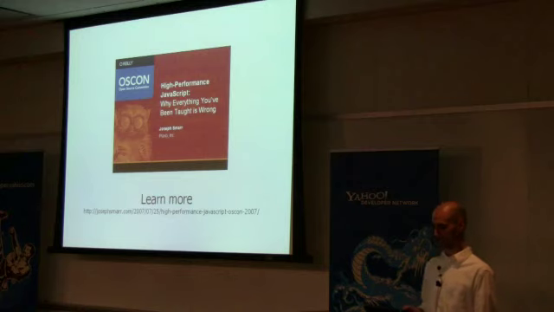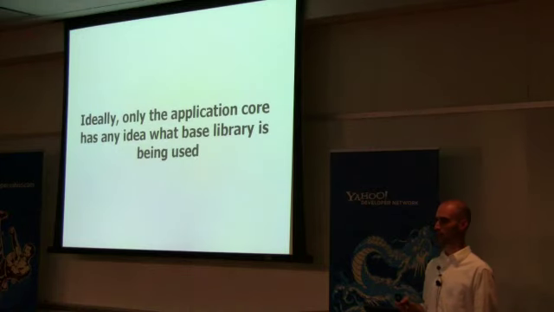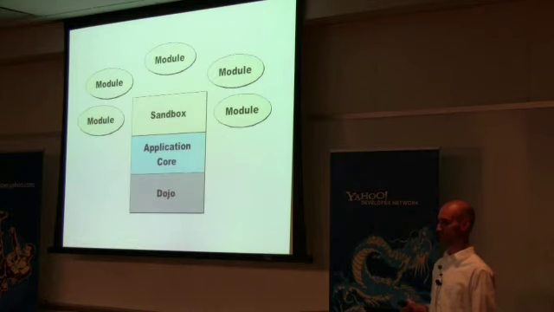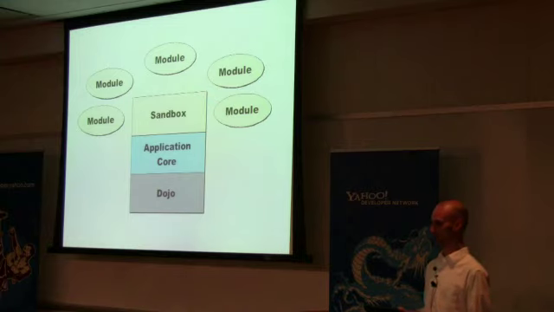Very good talk. But basically, really the only thing that needs to know about the base library is the application core, because it needs to interface directly with that base library. The reason that's important is because you don't want to have that dependency on third-party code.